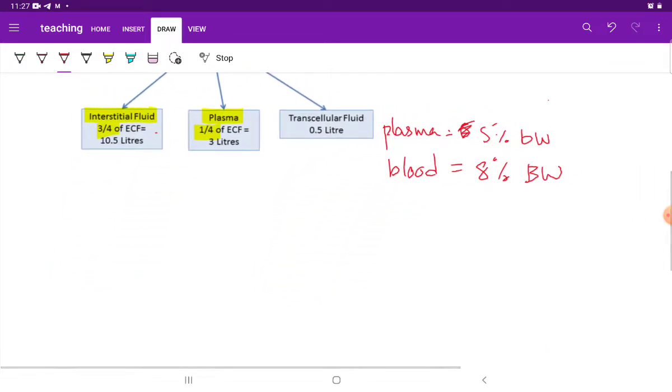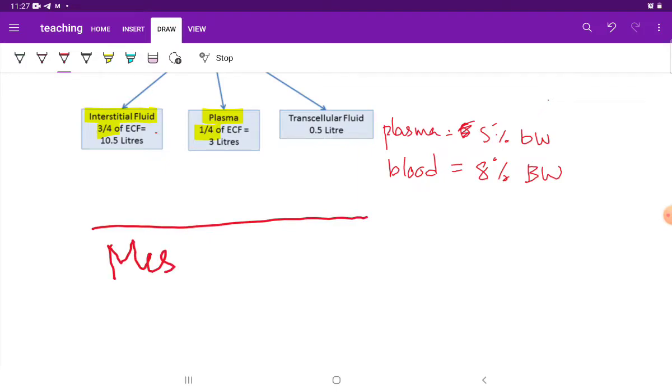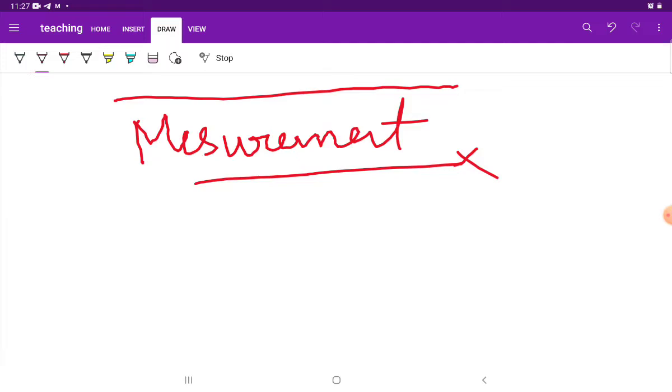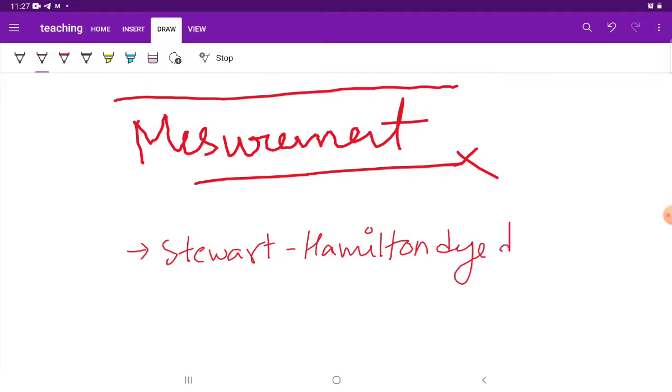The measurement is done by the method called the dye dilution method by Stewart Hamilton.